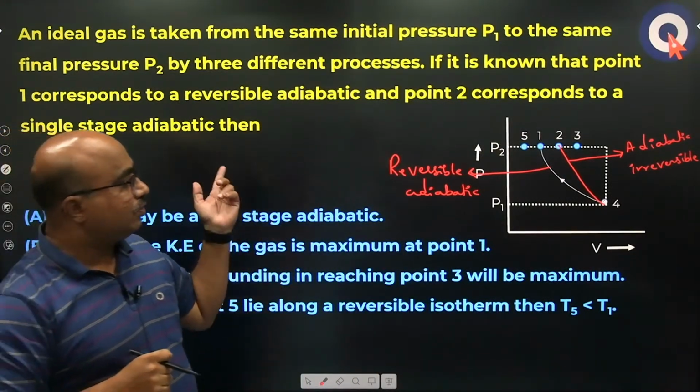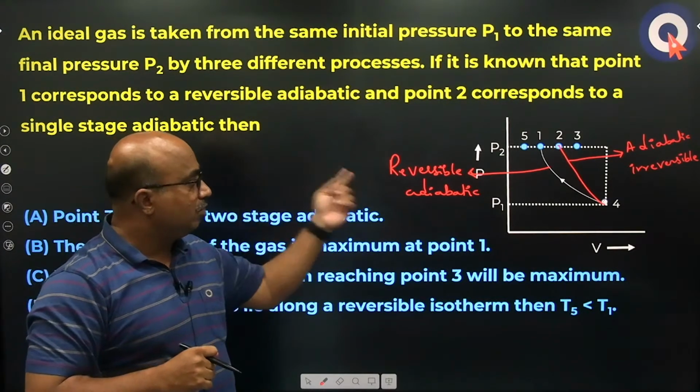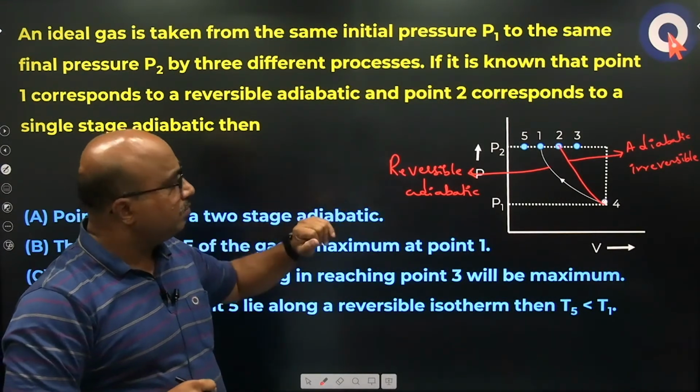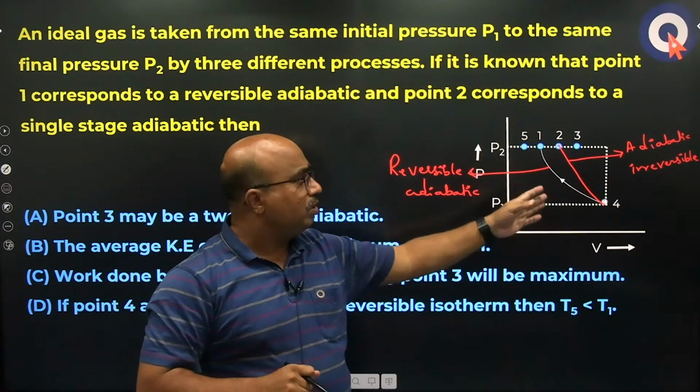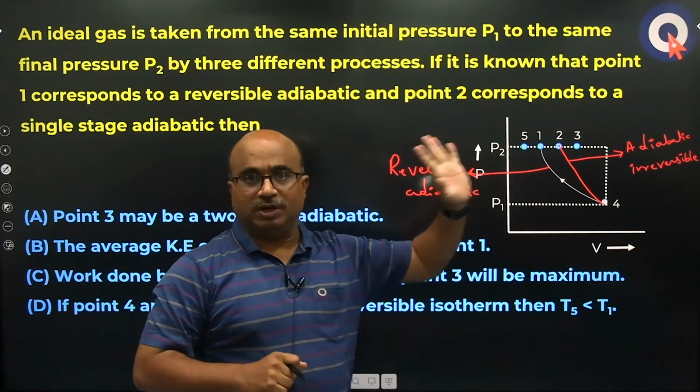So 4 to 1 is adiabatic reversible or reversible adiabatic, and 4 to 2 is adiabatic irreversible.